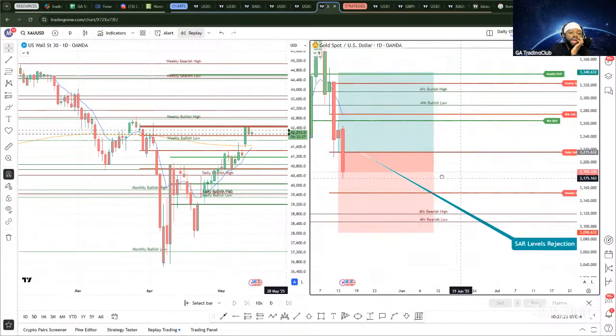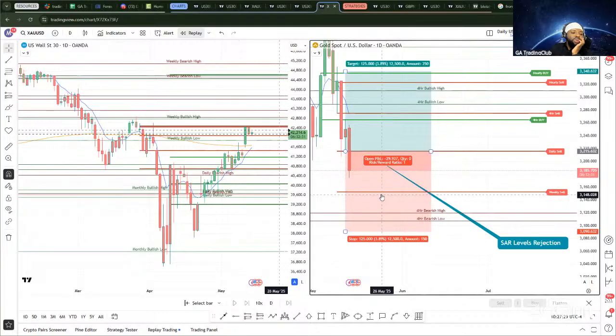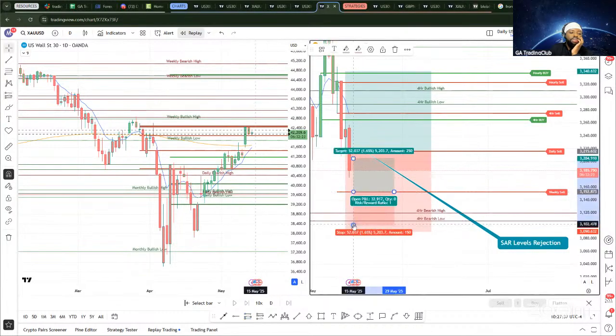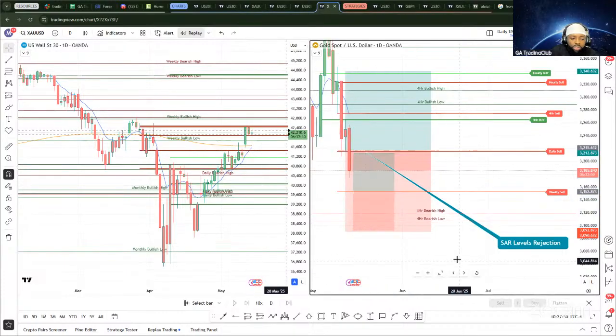We do have another rejection down here, which is the weekly sell. So maybe this might be a better entry to buy gold from. This one at 31,151. The only issue here is that we have a bearish order block in the direction between your stop loss and take profit.